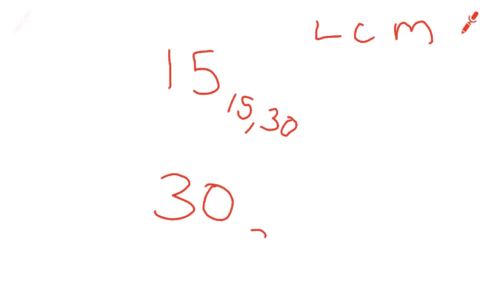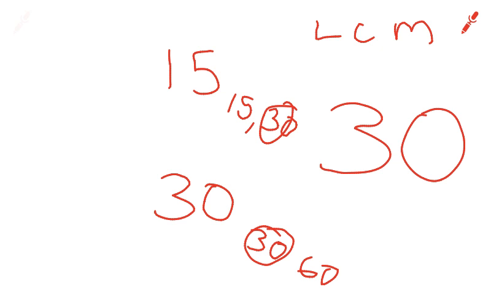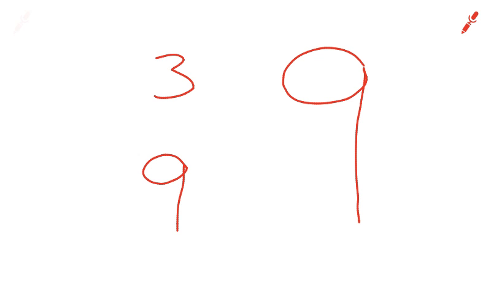Because your multiples of 30 would be 30 and 60. But your 30 is what you need. Your LCM is going to be 30. Okay, I, we have 3 and 9. What is your LCM for 3 and 9? The lowest common multiple of both 3 and 9 is 9.